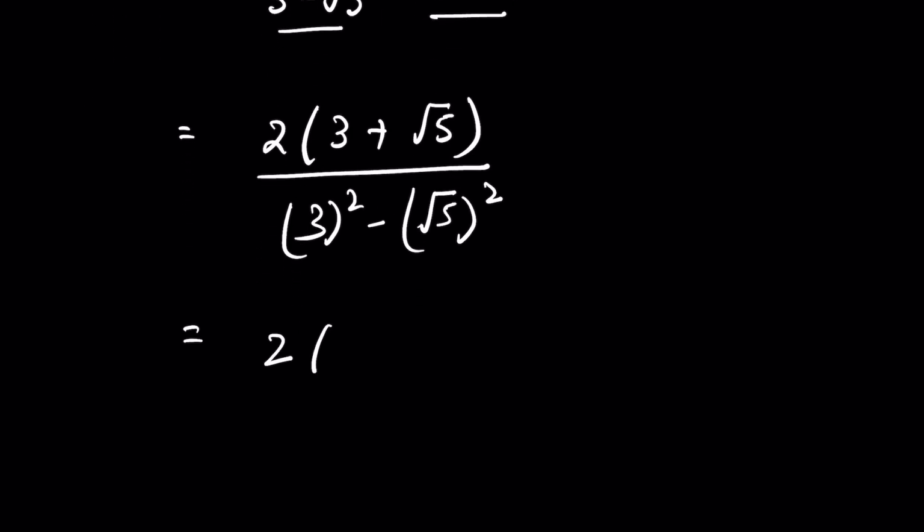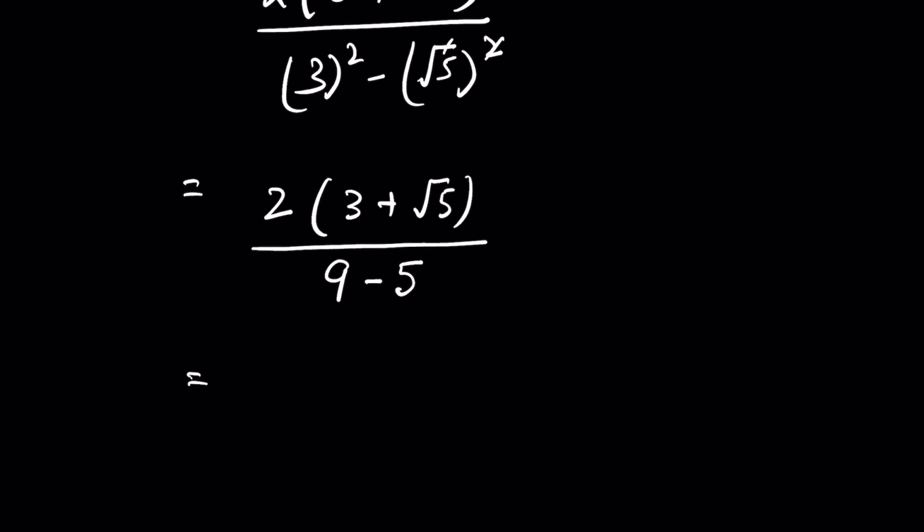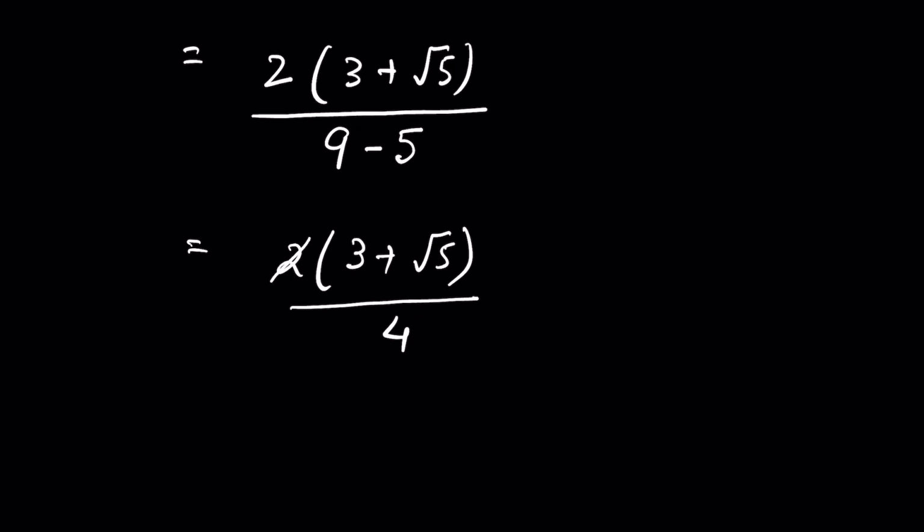So 2 times 3 plus square root of 5 upon 3 square is 9 minus, remove the square root with the square, so it is 5, or 2 times 3 plus square root of 5 upon 9 minus 5 is 4. Now 2 times 2 is 4.